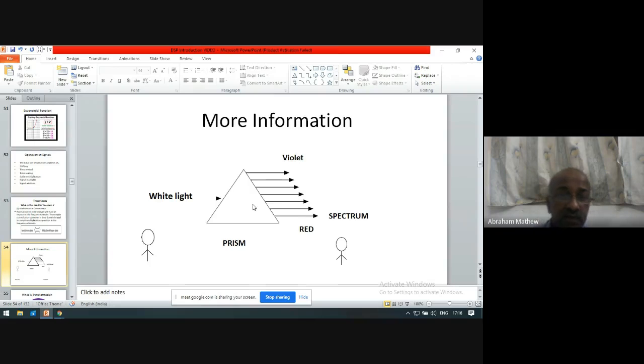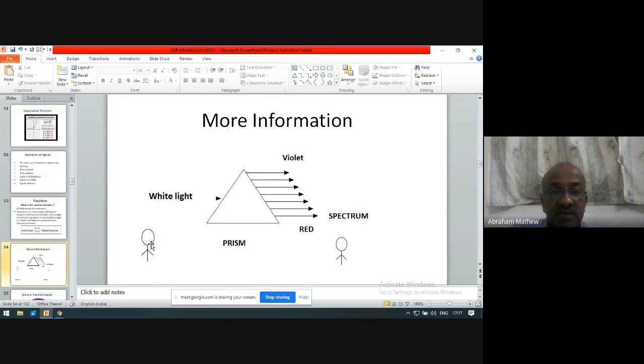For example, now you are watching two people who are standing and observing white light which is passing.